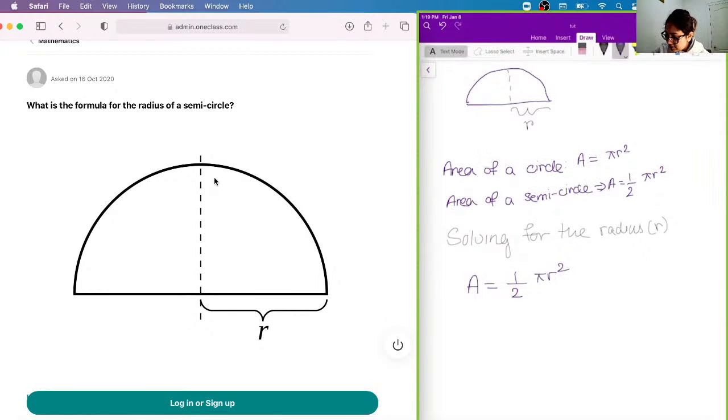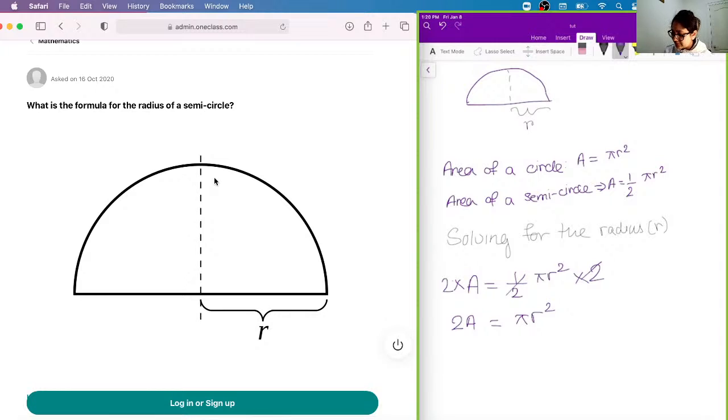So to get rid of this half, we multiply both sides by 2, and you have 2A equals pi r squared.